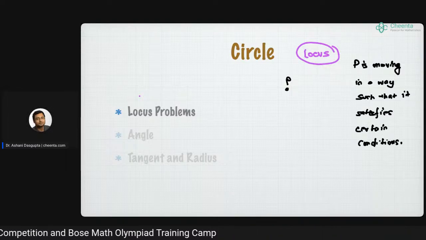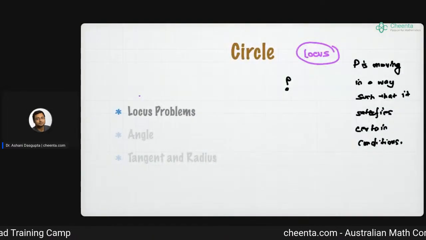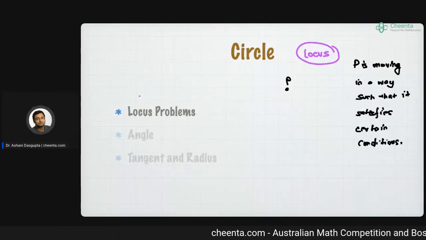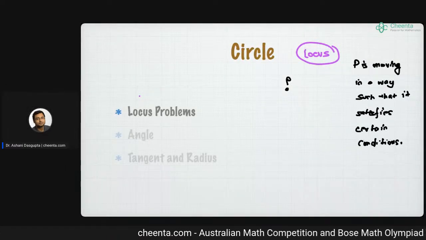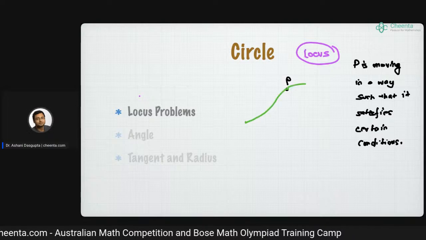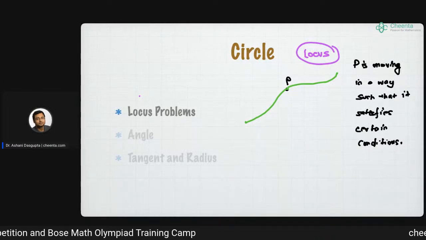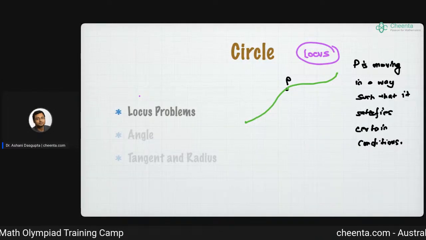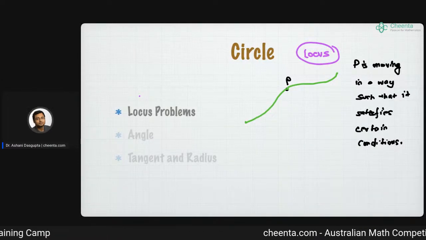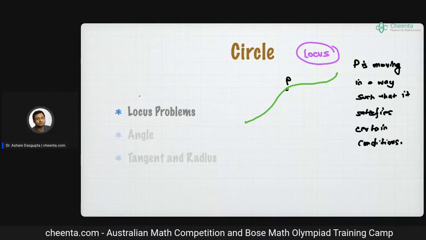Okay, so if that happens, we can probably guess how the path traced out by P will look like. Maybe it will look like a straight line, maybe it will look like a circle, maybe it will look like an ellipse. It depends, right? So that path traced out by the point P is known as the locus of P.